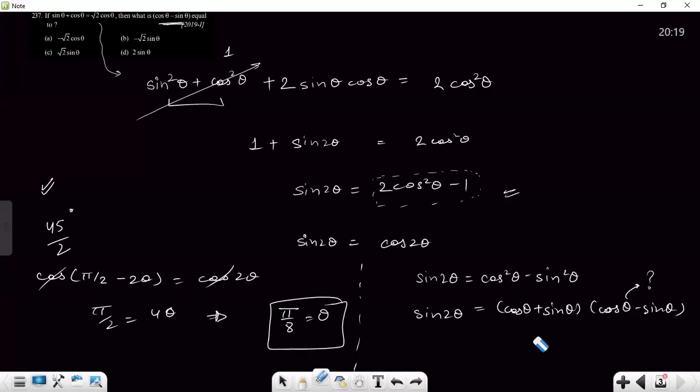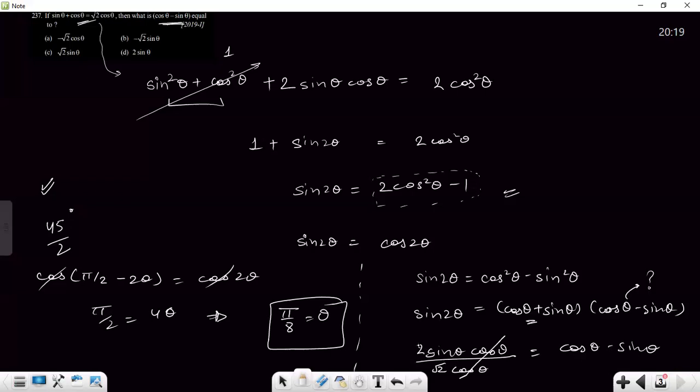So let's first bring this to the left hand side by dividing it. Sine 2 theta can be written as 2 sine theta cos theta divided by cos theta plus sine theta, equal to cos theta minus sine theta. We know the value of cos theta plus sine theta is square root of 2 cos theta.